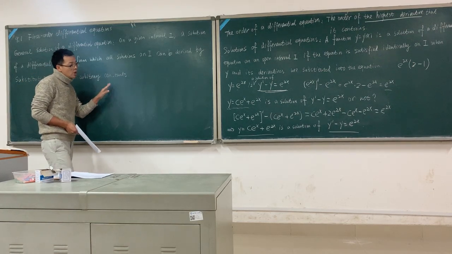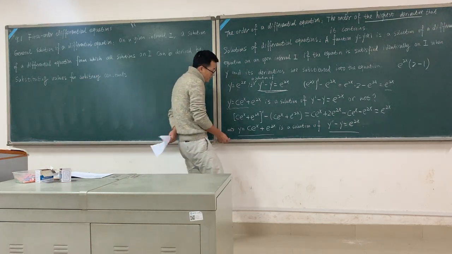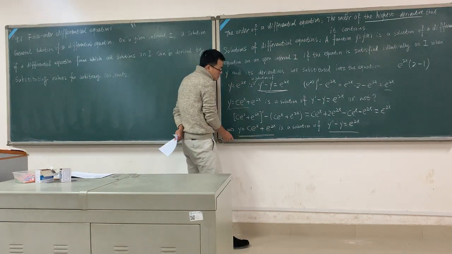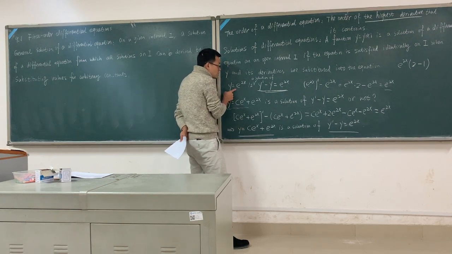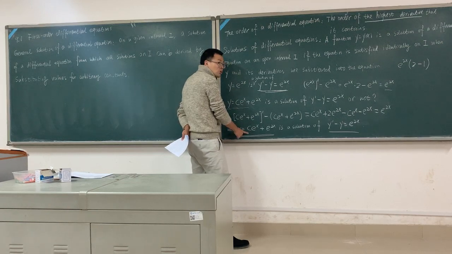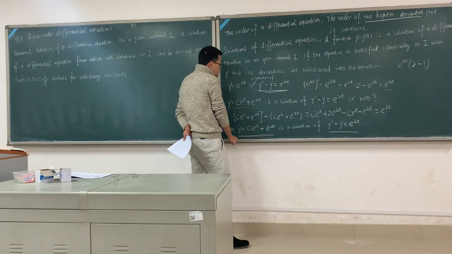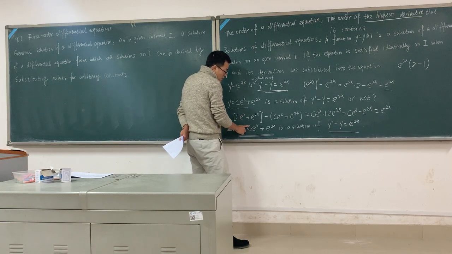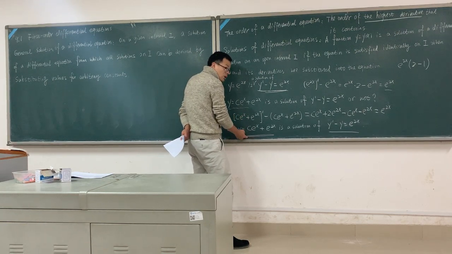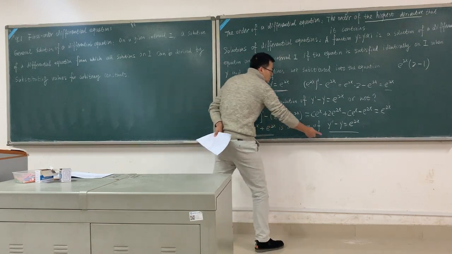So here we can see for this one, it is a general solution, because this solution can be drawn by c equal to 0, and when c equals 1, c equals 2, it's also a solution of this equation.